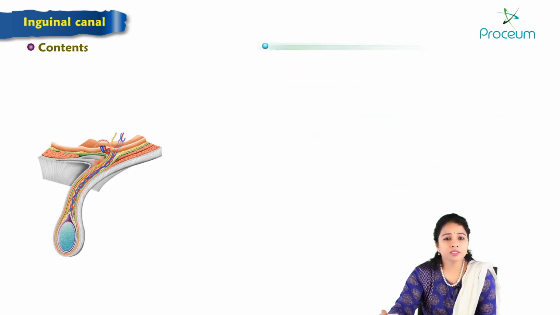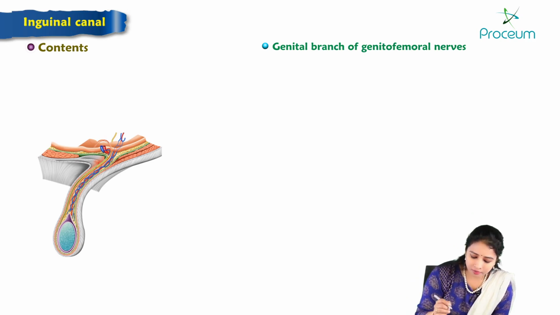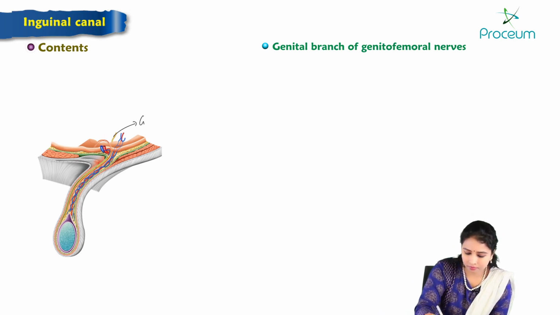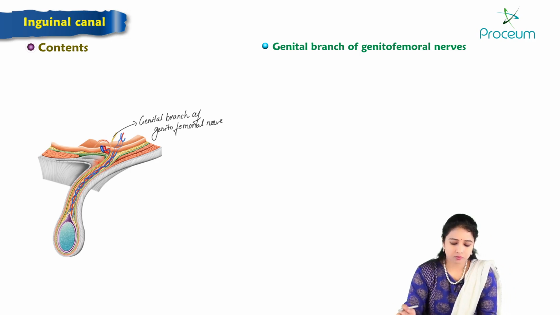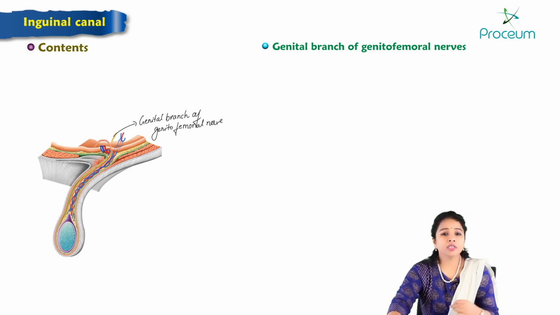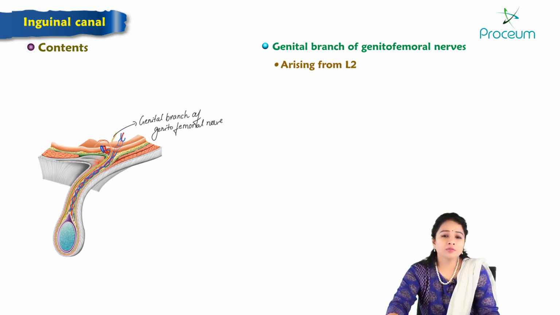The next nerve is the genital branch of genitofemoral nerve. The genital branch of genitofemoral nerve arises from spinal segment L2, that is the second lumbar spinal segment, and it is present in both males and females.